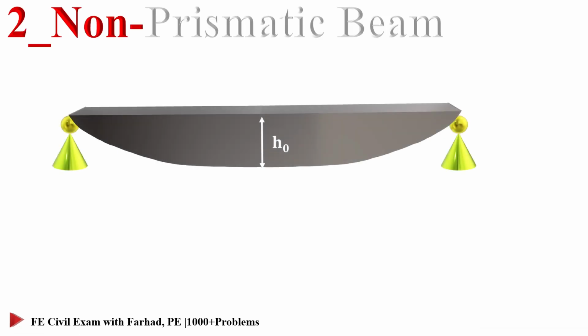So we want to calculate for a simply supported beam with a height of h naught at its center and a concentrated load of P. We already know the deflection if the beam cross section was uniform, like a rectangle.